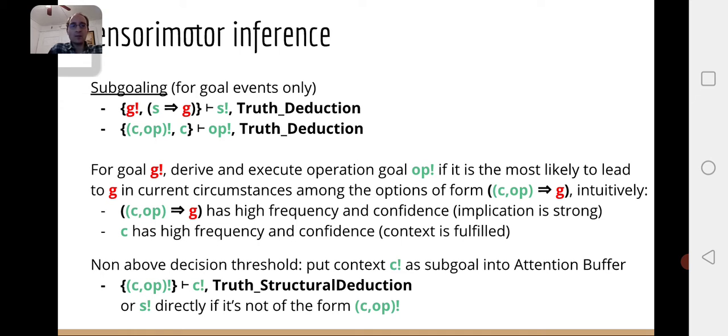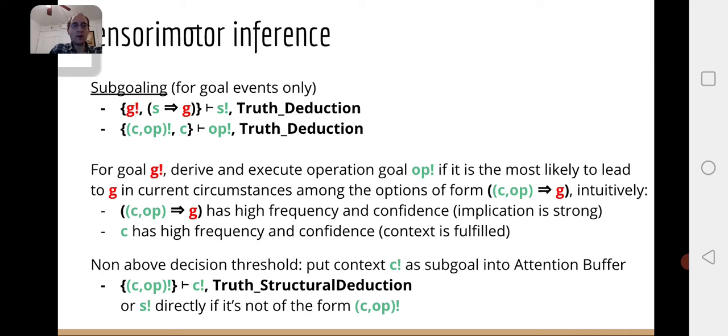It selects the operation which, given current circumstances, most likely leads to the happening of G. This usually means that the corresponding knowledge, or corresponding implication or hypothesis, has a high frequency and confidence, and also that the context, which we call C here, has a high frequency and confidence.